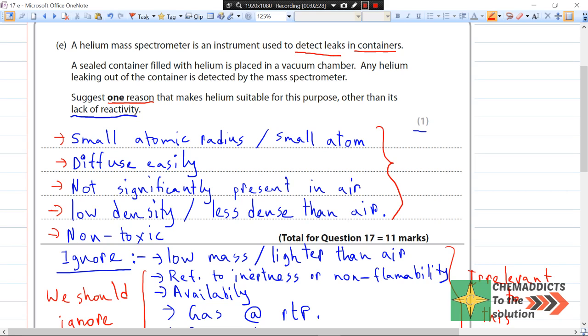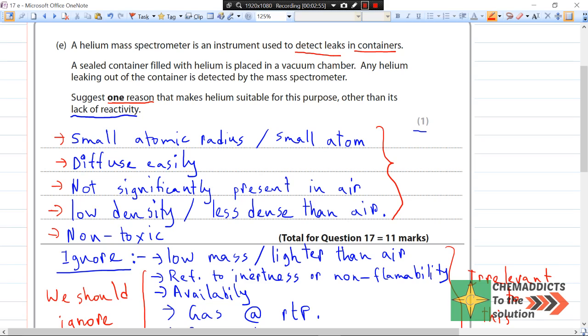This means that we should not answer with reference to lack of reactivity. We should answer with reference to other things.